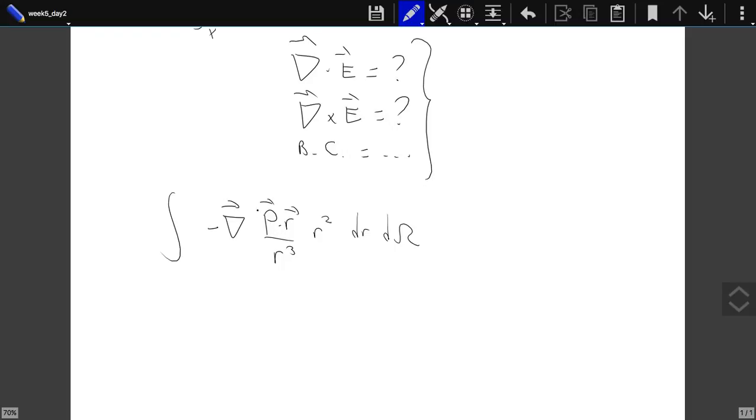Oh, this one. So we're calculating the gradient of this one, integrating over the whole volume.